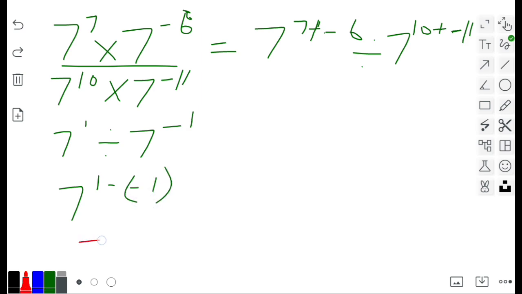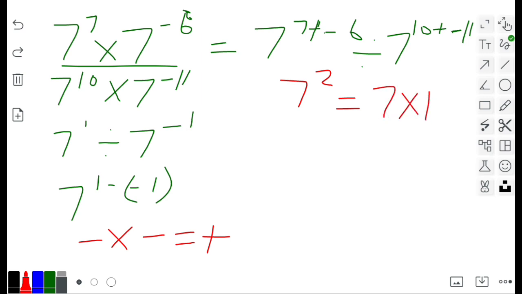Recall that minus times minus is equal to plus. So I'm going to be having 7 raised to the power of 2. And this implies that my final answer is going to be 7 times 7. 7 times 7 is going to give me 49. And that's going to be my final answer.